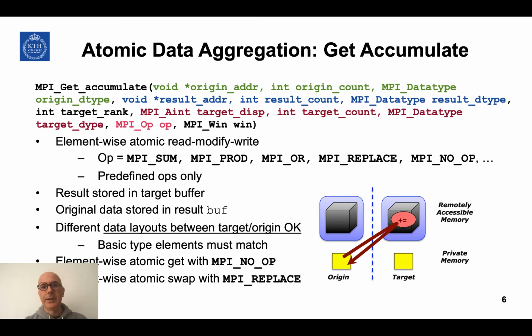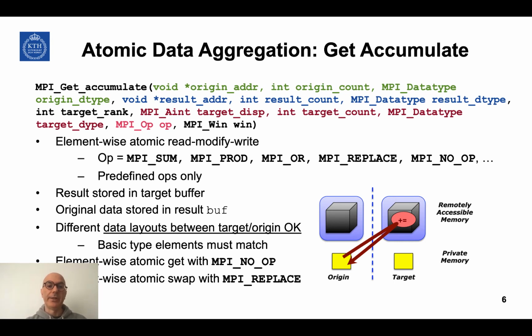We also have, complementary to accumulate, MPI_Get_accumulate. It is very similar to accumulate, but instead of putting, we are actually getting. This corresponds to an element-wise atomic read-modify-write. It supports several operations like MPI_SUM, MPI_PROD, and MPI logical operations. It only supports predefined operations. The results are stored in the target buffer.